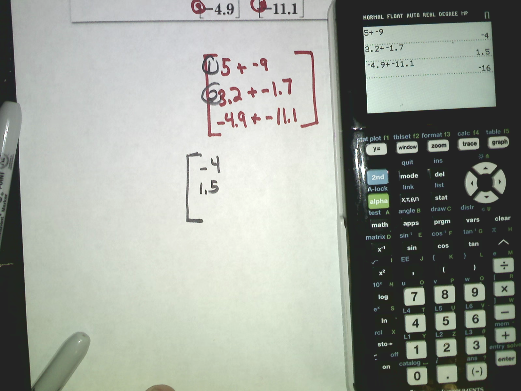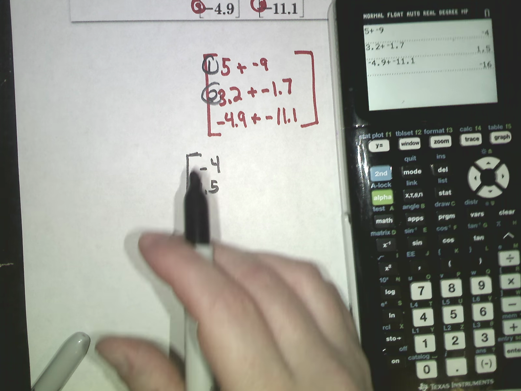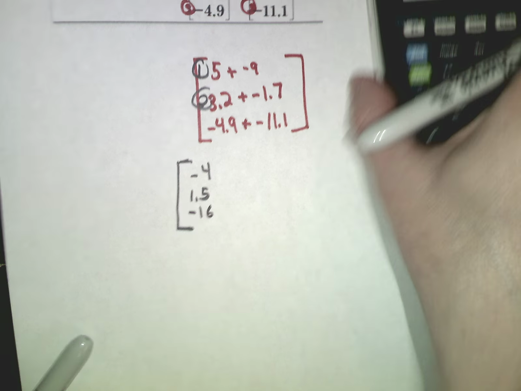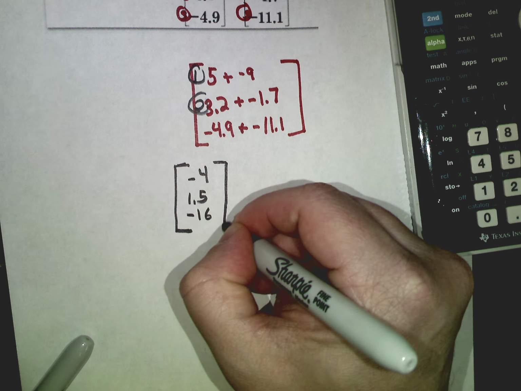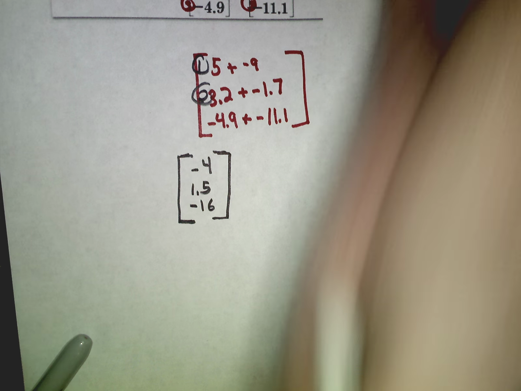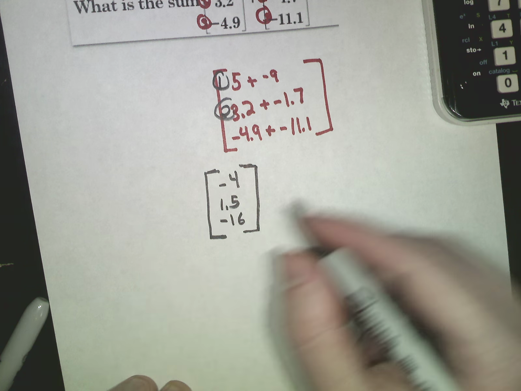Hit enter. We got the answer is -16. So our final matrix is this. Not so bad, especially as a small matrix. Let's try one a little bit different. Let's do one with subtraction, an example I was using.